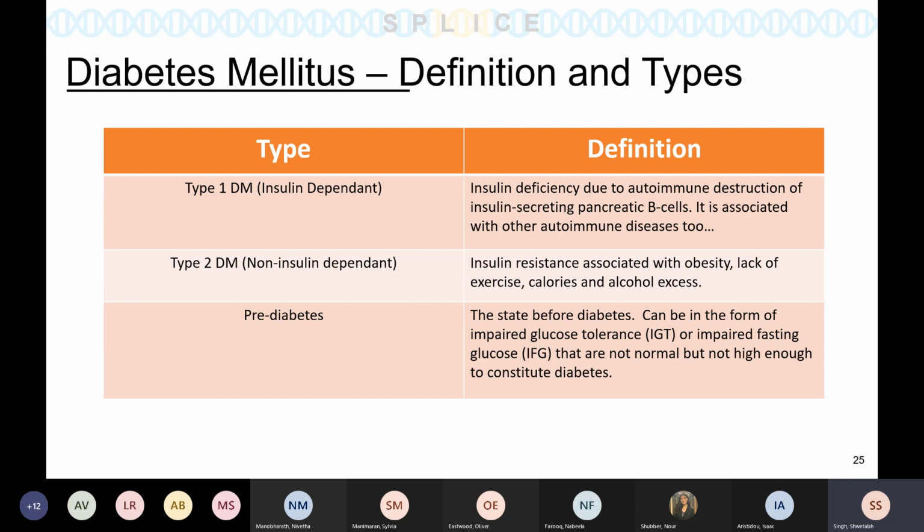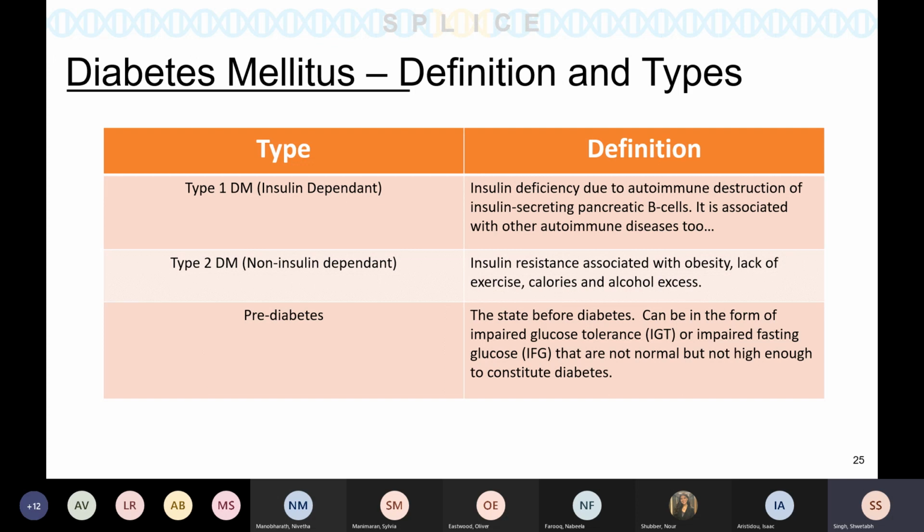Okay, so type 1 diabetes, insulin dependent. So insulin deficiency due to an autoimmune picture. Again, as I said before, associated with other autoimmune diseases too, so look out for that in a STEM. Type 2 diabetes, so insulin resistance associated with obesity, lack of exercise, and all of that sort of metabolic picture.